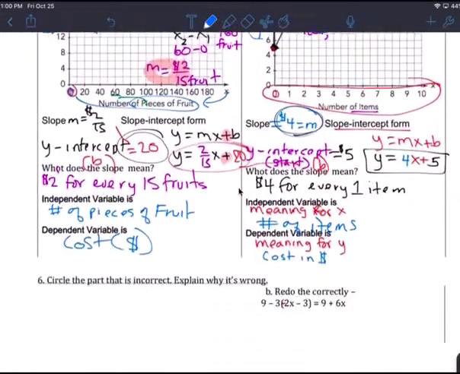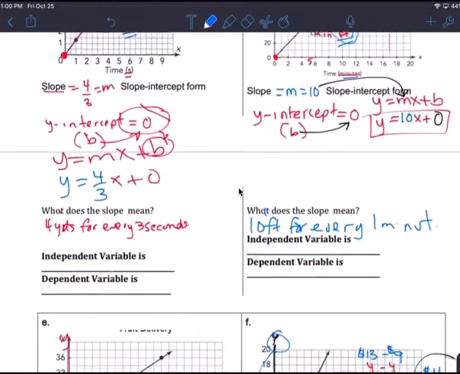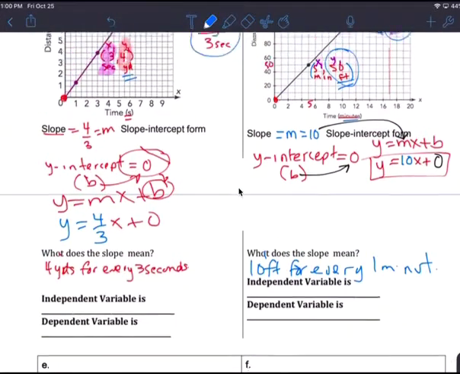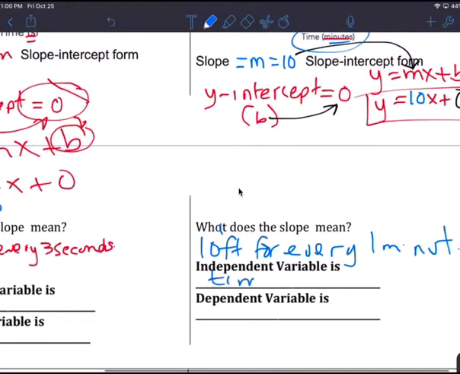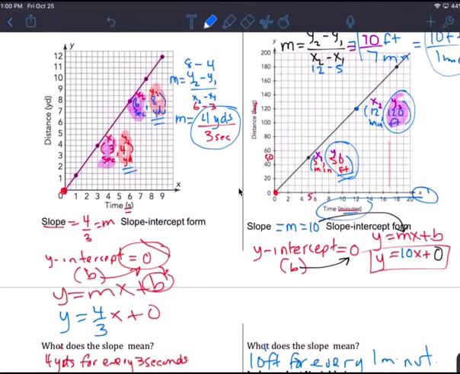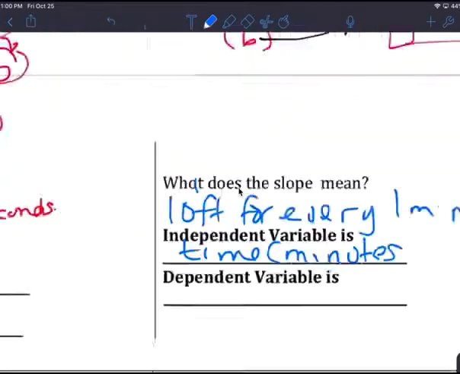Okay, that's what it means. Okay, same thing here. So the independent is x, x is time in minutes. Dependent variable is the meaning for y, distance in feet. There's the letter y. So distance in feet.